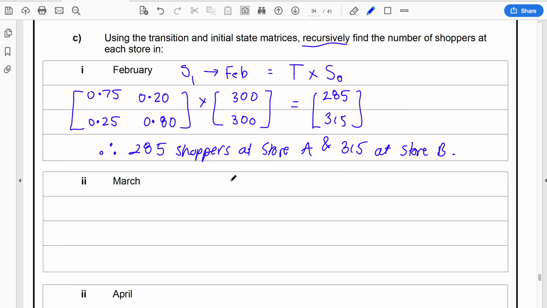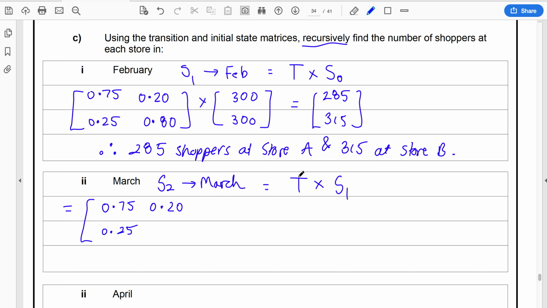So for March, which is going to be S2, the very next month, I can take my transition and apply it to the February value, the S1 matrix. That is going to look like, same as before. Now you don't always have to write this matrix out, by the way.